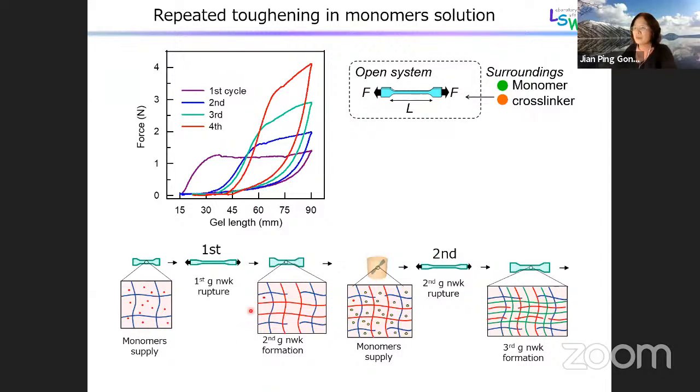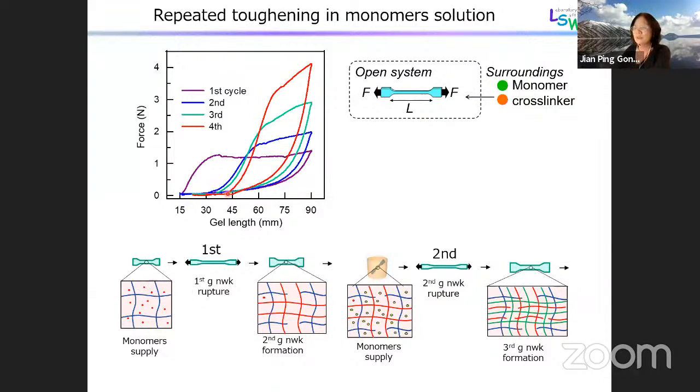And during this kind of process, if we look at the closed system, we found that the length of the gel increases, as can be seen from the force to stretch the gel to the same length starting at a lower level. This is due to the sample increasing its size.